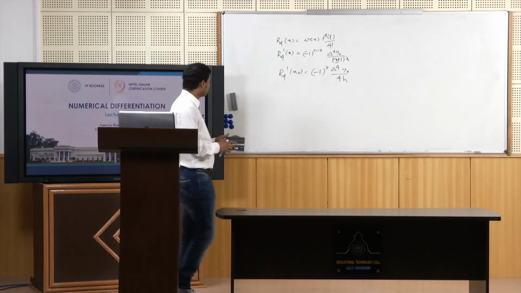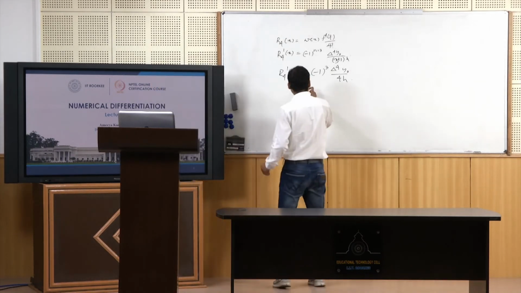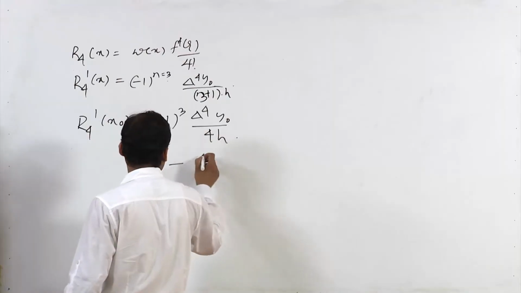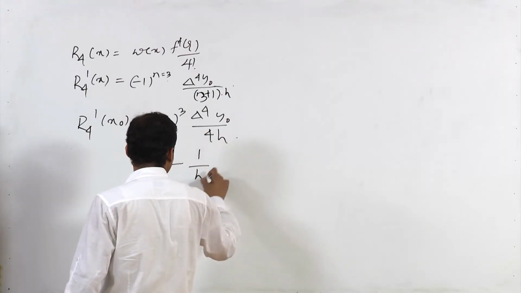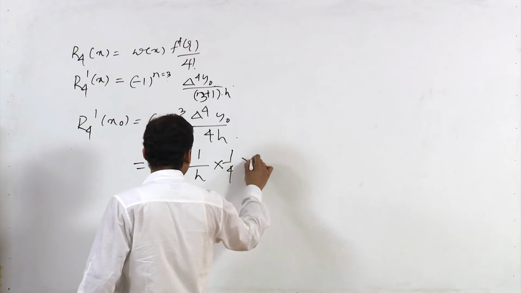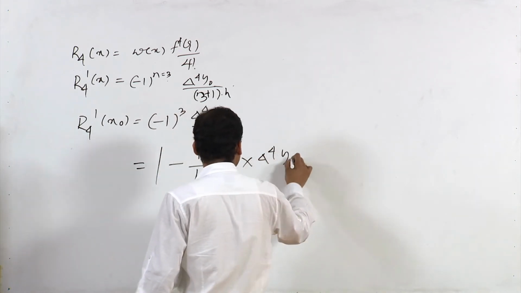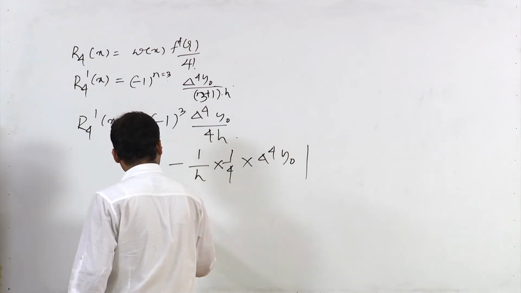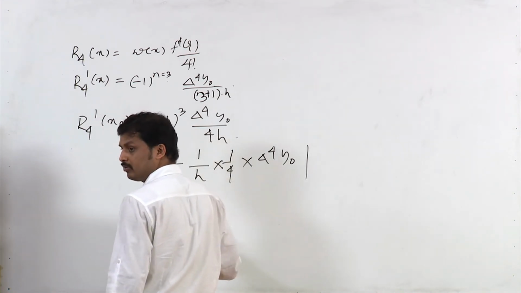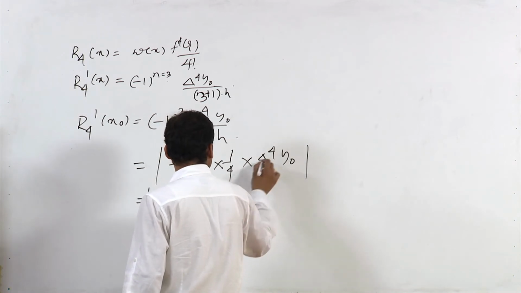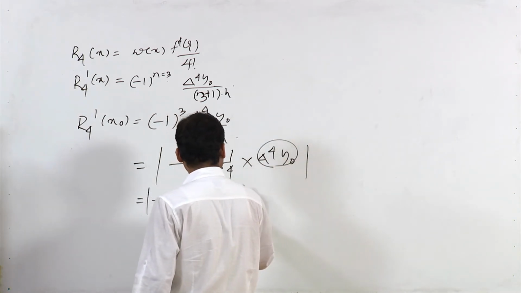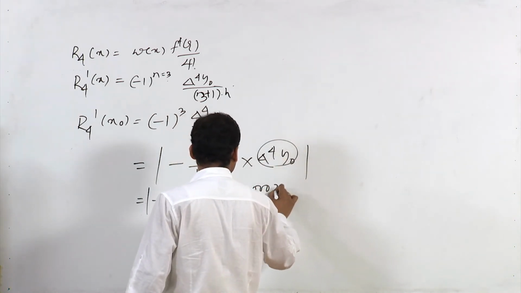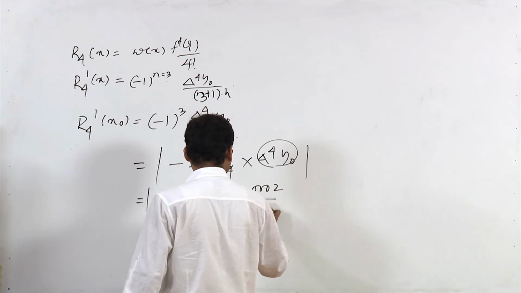So, obviously if I write here, this can be written in the form of absolute value of minus 1 by h into 1 by 4 into del to the power 4 of y0 here, and this is nothing but minus 1 by 0.20 into, since this value is giving you minus 0.0002 here, by 4.